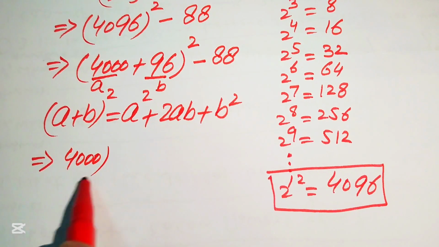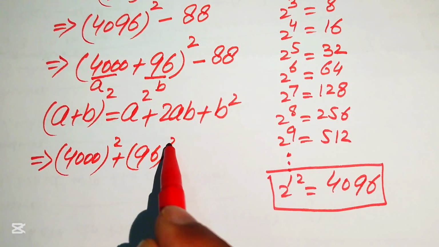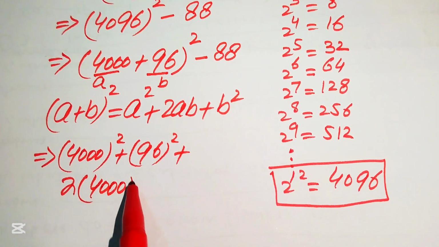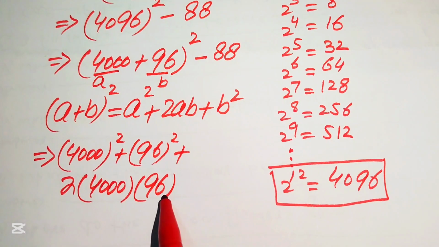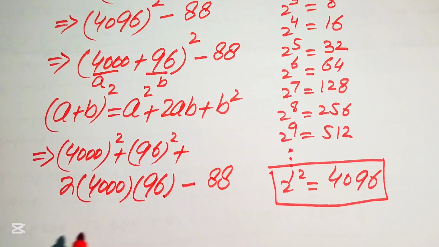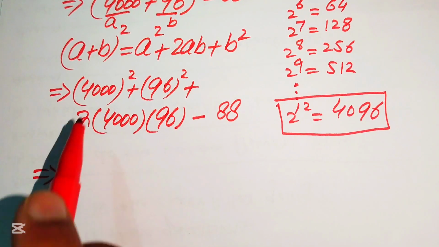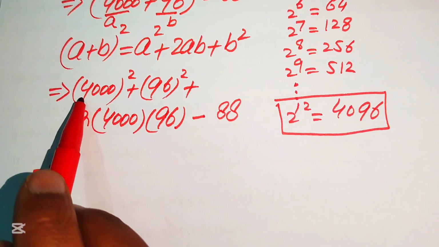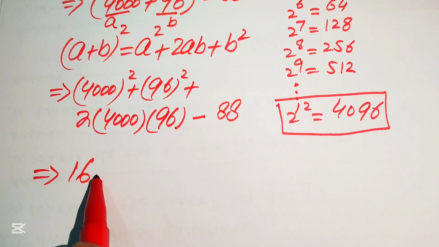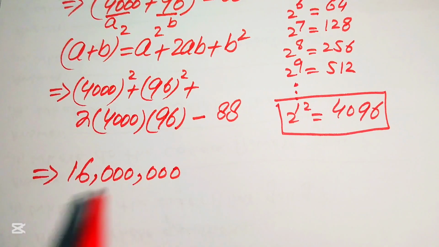So applying this formula, we write our expression as 4000 square plus 96 square plus 2 times 4000 multiplied by 96, minus 88. Here we need to find the square of 4000, so we just find the square of 4, which is 16, and we double the zeros. These are 3 zeros, and after taking the square it becomes 6 zeros.